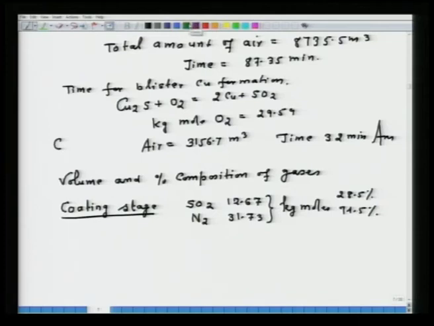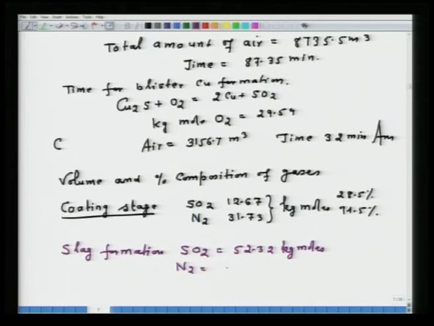Now, the gas composition in the slag formation stage: SO2 will be 52.34 kg moles and nitrogen would be 307.93 kg moles.